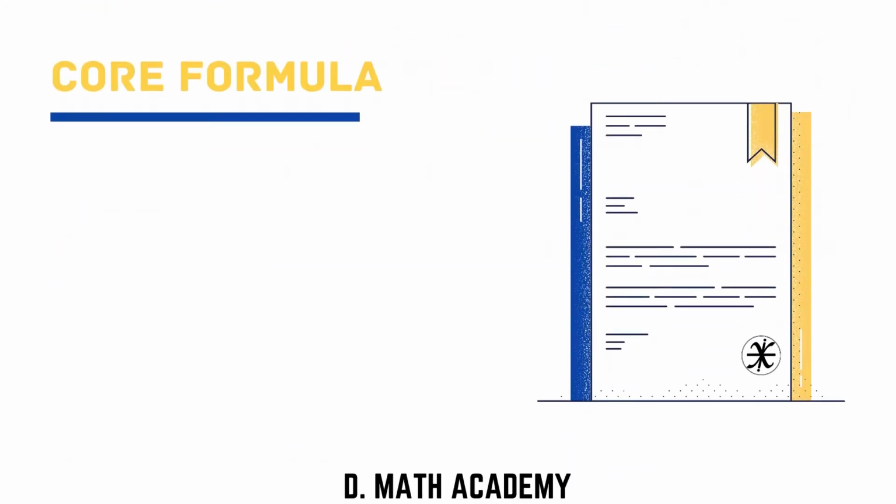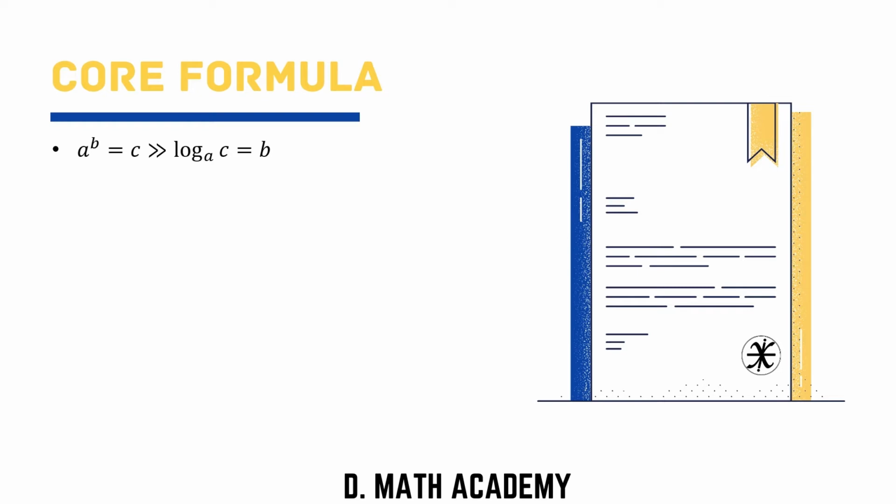So before we start, I have to go through the core formulas that are applicable to this topic. The first one is, how do you change indices to become logarithm form? First you need to know who's the base, who's the power, who's the result. Over here we have A as the base, B is the power, and C is the result.